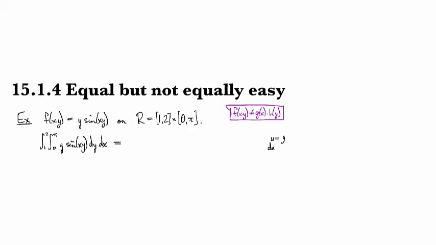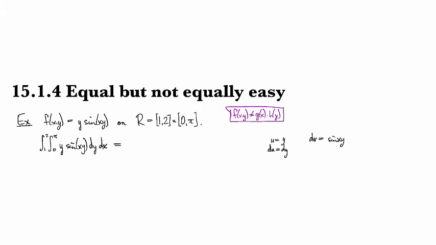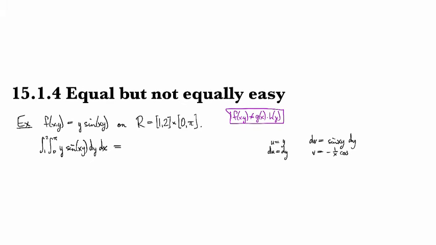So if we take u to be y, then du is going to be dy, and if we take dv to be sine xy, then our v is going to be minus 1 over x cosine of xy.